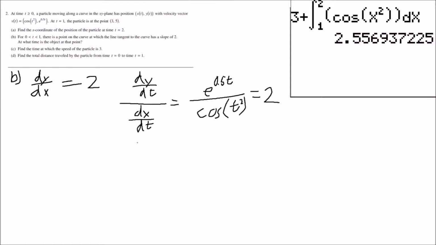Well, you can move the bottom to the top by doing e to the power 0.5t equal to 2 cosine of t squared, right? And then let's go ahead and use our handy dandy calculator.